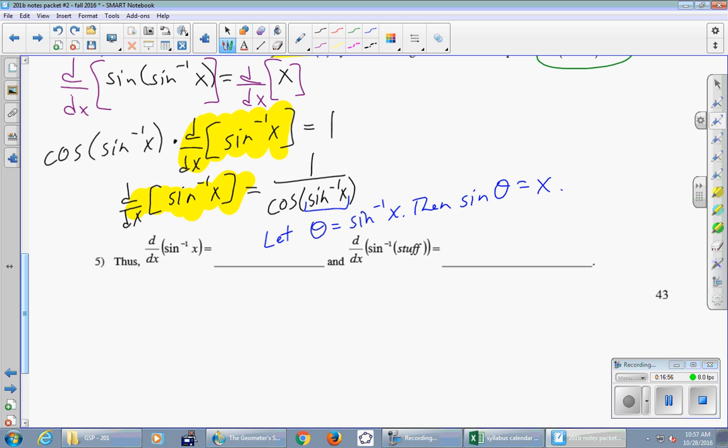Okay, and if sine of theta is x, I remember SOHCAHTOA tells me sine is what over what? Opposite over hypotenuse. So I feel like there's a right triangle lurking around somewhere with a theta in it, and it's an opposite over hypotenuse. So let us invent that right triangle. Make theta either one of the acute angles, doesn't matter.